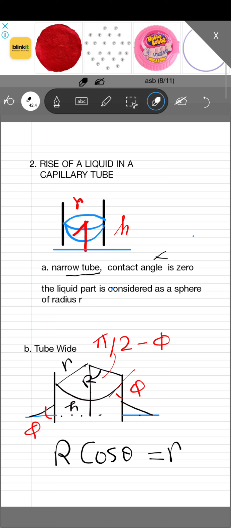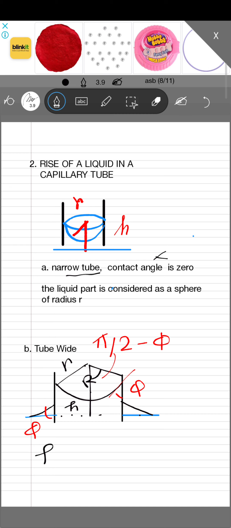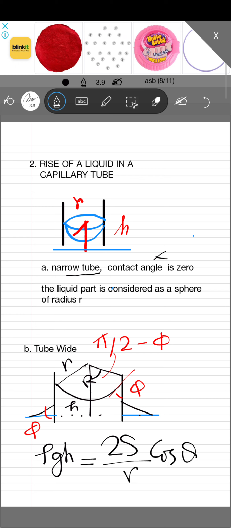So our equation will simply turn out to be rho g h equal to, instead of 2S by r, 2S by r multiplied by cos theta. This is how the equation will look.